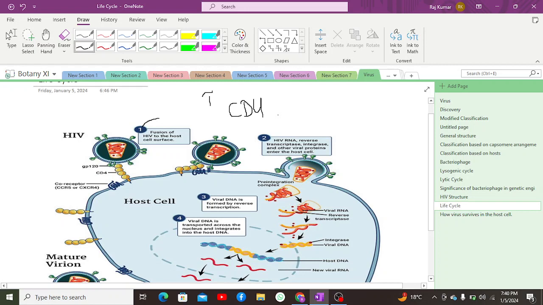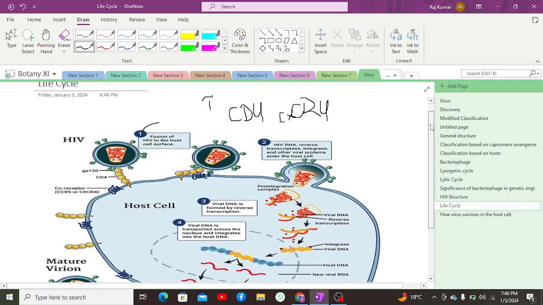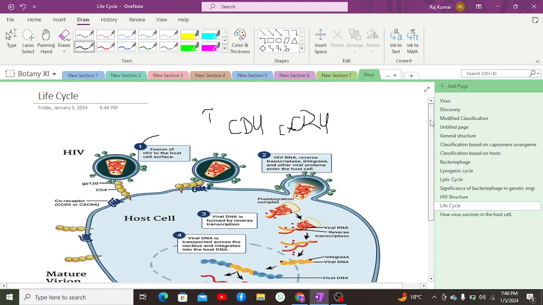For example, macrophages have the co-receptor CCR5, whereas T helper cells have the co-receptor known as CXCR4. These co-receptors help the virus in fusion, when the HIV is fusing its lipid bilayer with the lipid bilayer of the host cell, as a result of which the virus is then able to take its protein shell and genome within the cell.